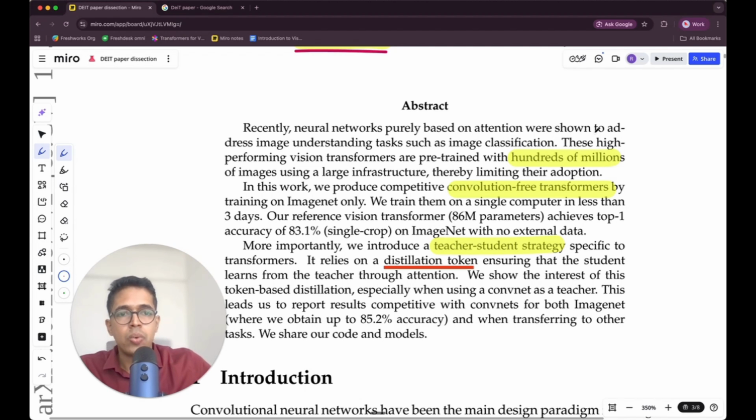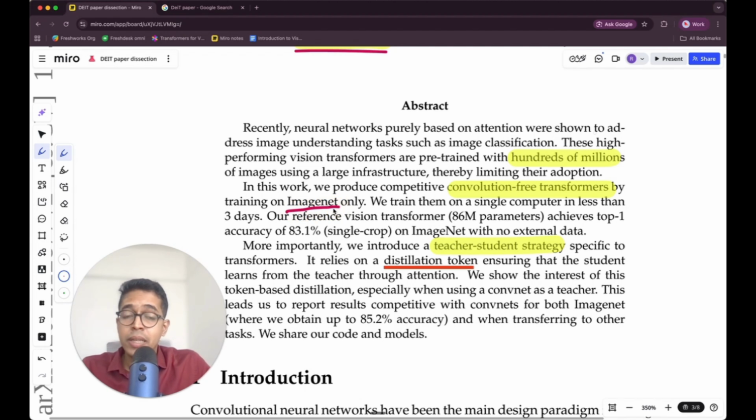This was very much true; 300 million was their dataset size for one of the JFT datasets. In this work, we produce competitive convolution-free transformers. That was the whole value proposition of Vision Transformer: they don't use convolution at all. Here also, you will see there is no convolution in their architecture.